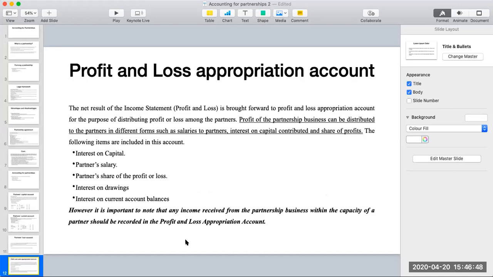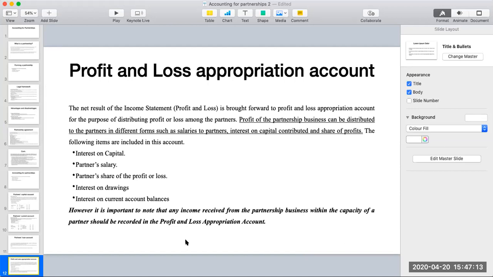The last one, under the 4 accounts that we discussed, that is profit and loss appropriation account. Profit and loss appropriation account means once we calculate the profit of the partnership business, it has to be distributed among the partners.